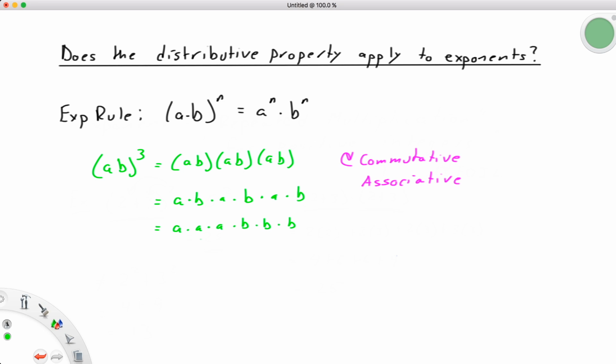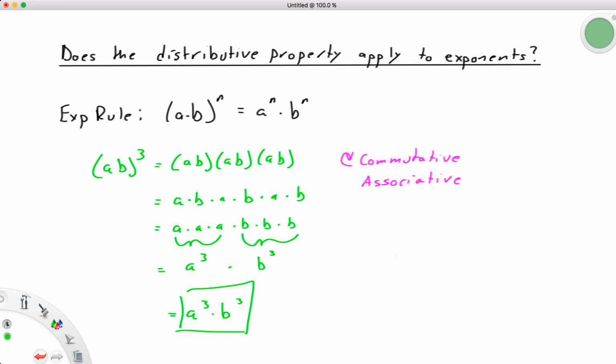And so we have a times a times a times b times b times b. Now, of course, a times a times a, because we're repeating multiplication of a 3 times, is equal to a cubed. b times b times b, because we're repeating the multiplication of b 3 times, is equal to b cubed. And so we have a cubed times b cubed.